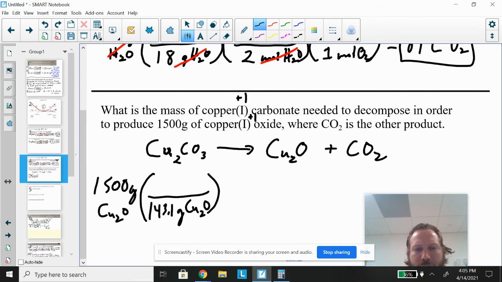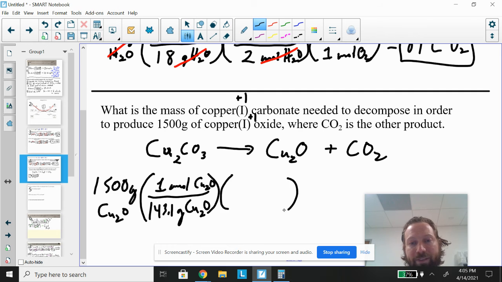So now this is out of 1 mole of copper oxide. Now I have to convert from my moles of what's given to my moles of the unknown, in this case Cu2CO3.